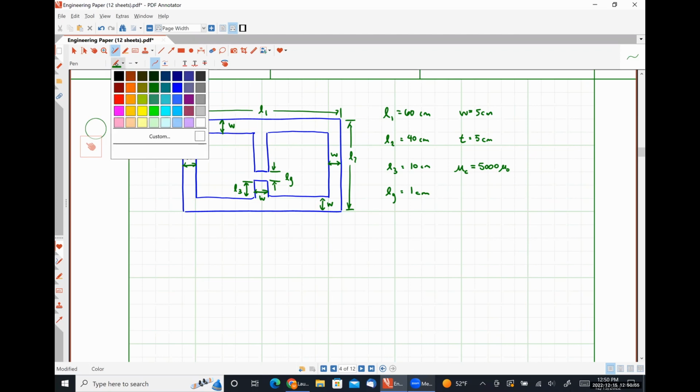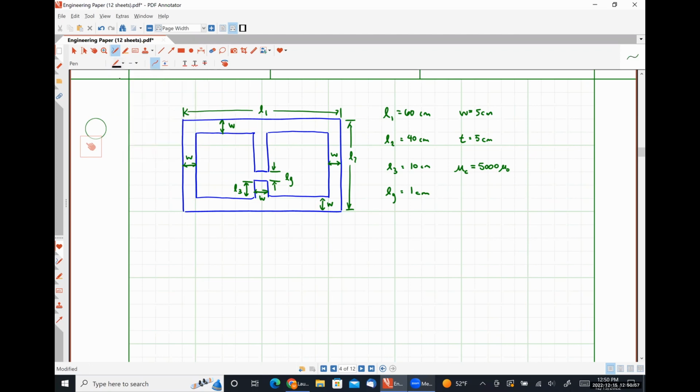Let's wind some coils around this guy. So our first coil is going to be here. We have some number of turns NA.